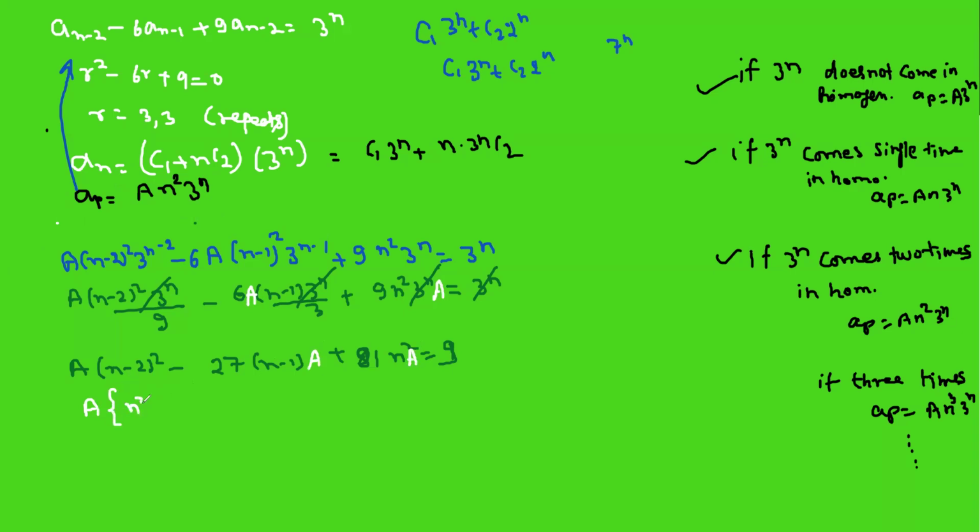Open the bracket. A square minus 4n plus 4, 27n plus 27, plus 81n square. Right?